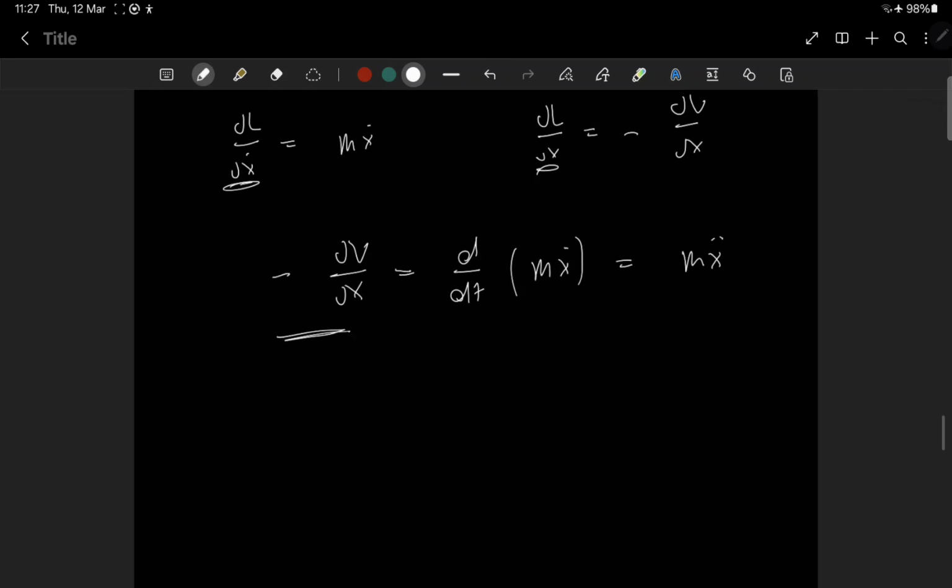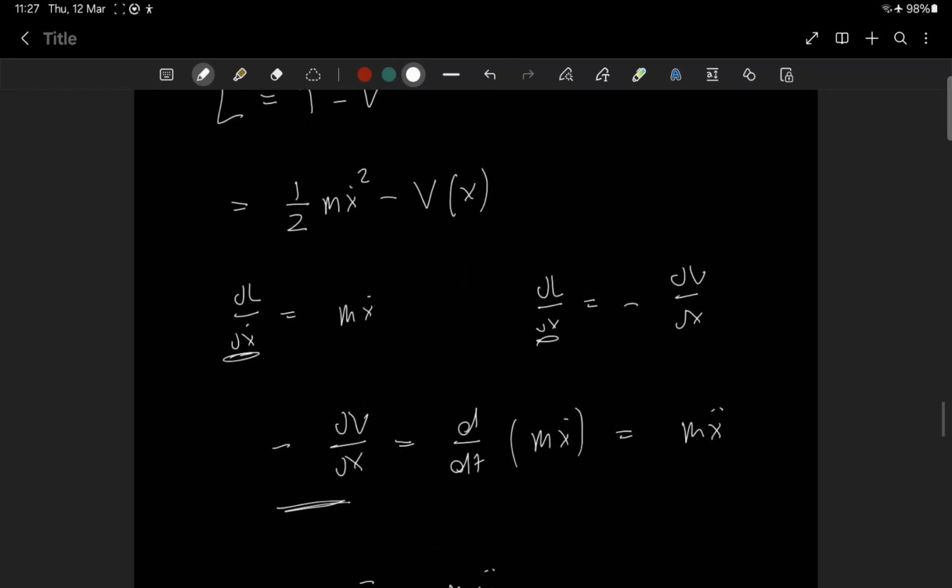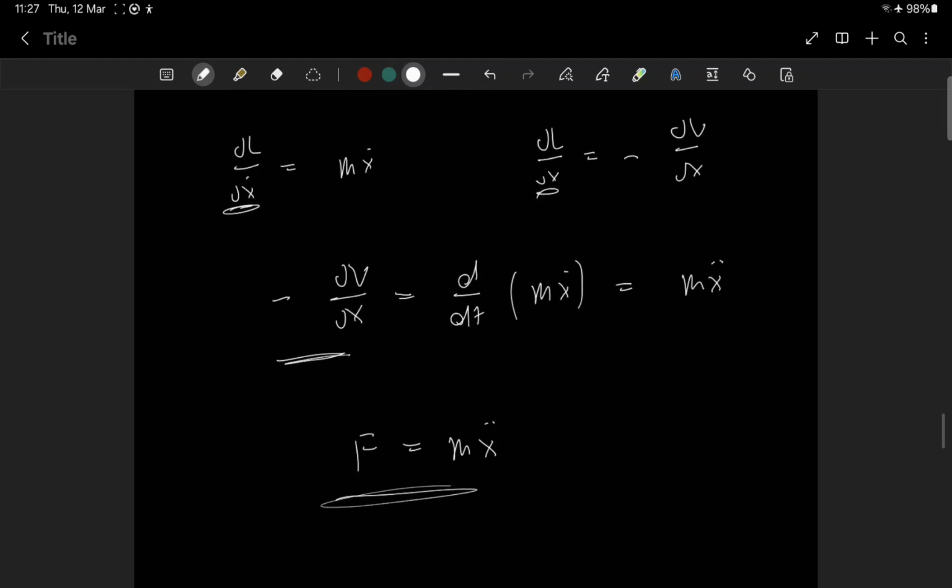And remember, we said that the force is equal to minus dV by dx, so we get that the force is equal to m times x double dot. So as we showed, the Euler-Lagrange equation reduces to Newton's second law. So that's it.